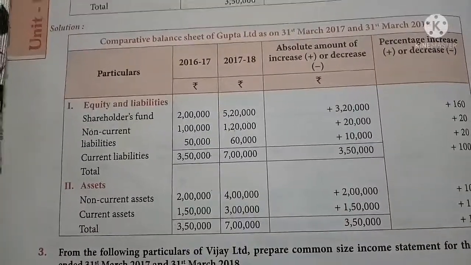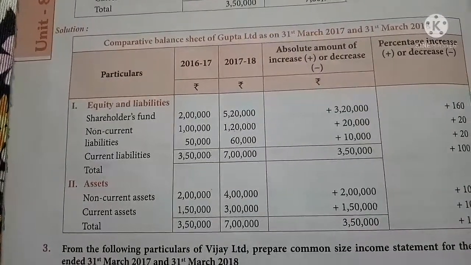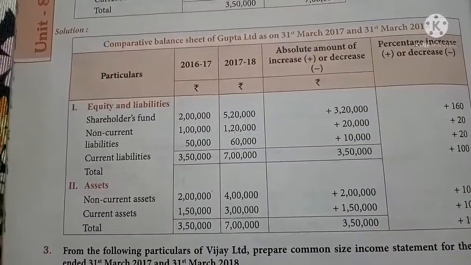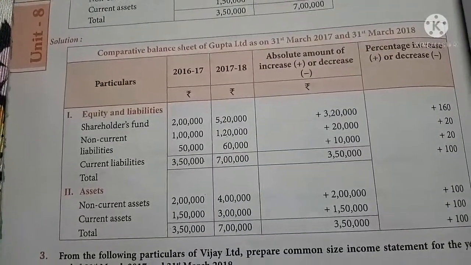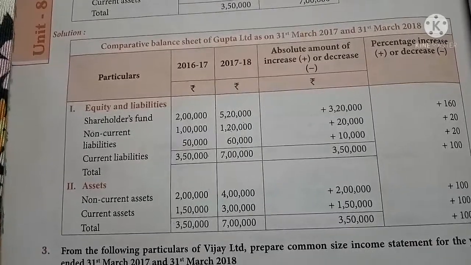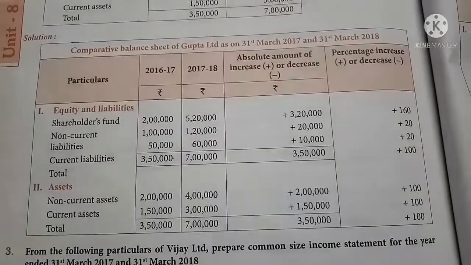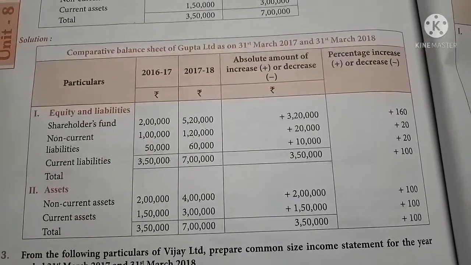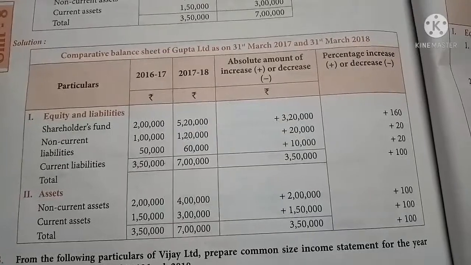Then take assets. First non-current assets. These are all information given in the sum itself. You can again write it and compare it. First year non-current is 2 lakh. Second year non-current is 4 lakh. The difference is plus 2 lakh. Then find the percentage. 2 lakh by 2 lakh into 100, 100 percentage.